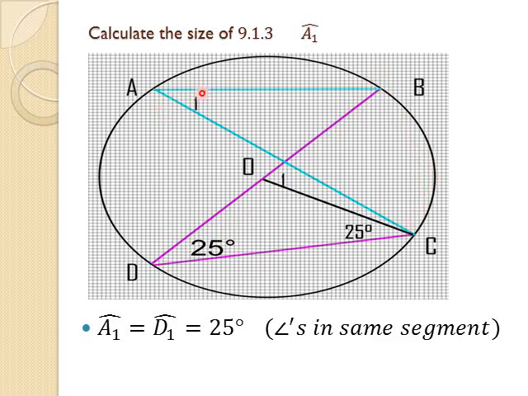If I take A1 in baby blue, it also goes back to B and C. So A1 is also subtended by the arc BC. So BC subtends A1 and it subtends D1. Therefore I can say A1 equals D1, and my reason would be angles in the same segment.